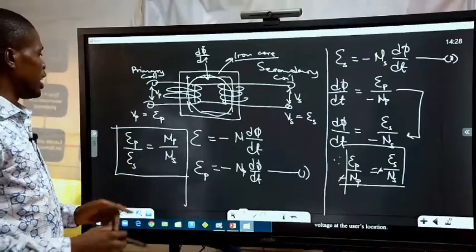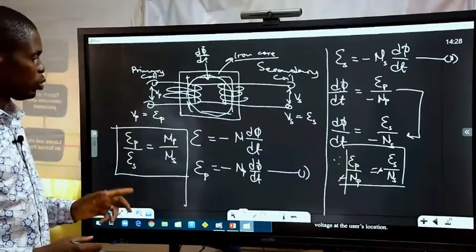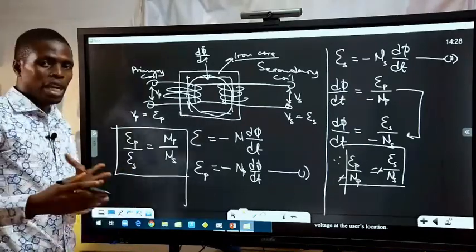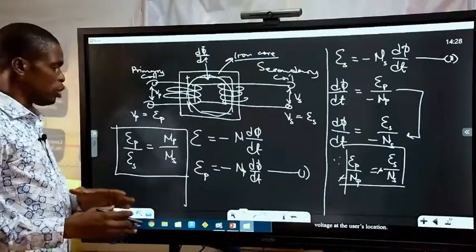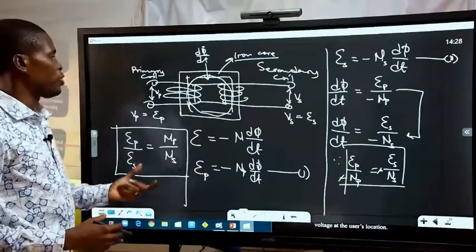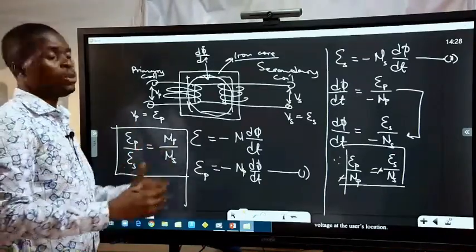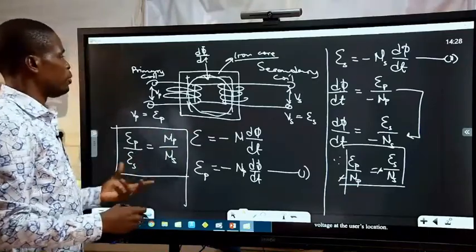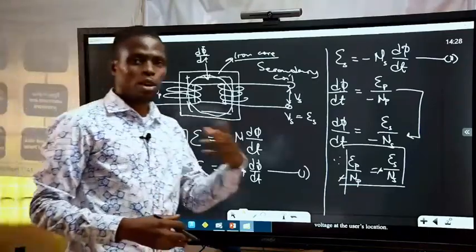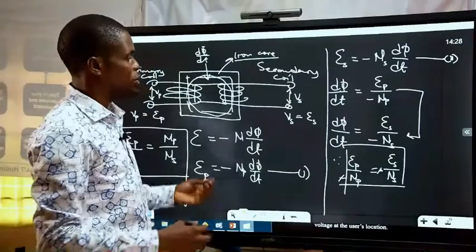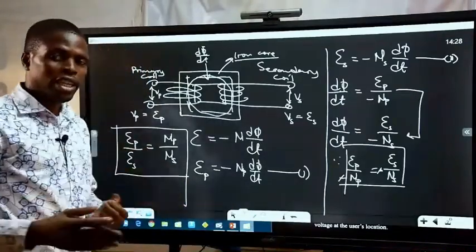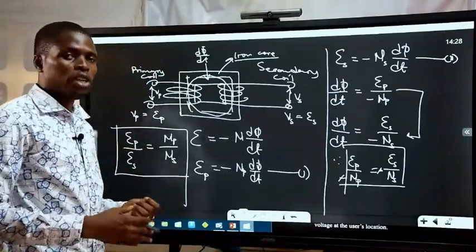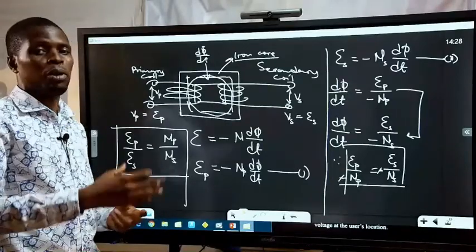Basically, there are two types of transformers, the step-up and step-down, apart from auto transformers and the like. The step-up transformer steps up voltage. That is, if the voltage at the primary is 12 volts and the voltage at the secondary is 50, 100 or 200 volts, then we are looking at a step-up transformer.